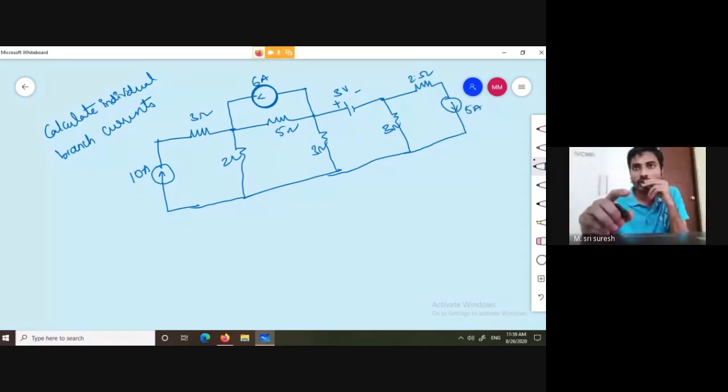It will be awarded 5 marks for each student. So please note down this homework problem and do it yourself at home.